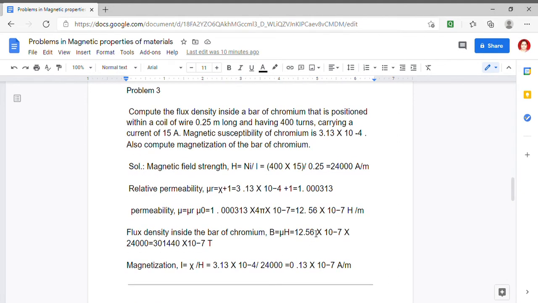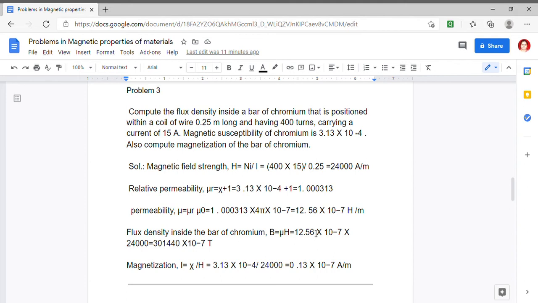Magnetization, we have to determine the value of I. In order to find it, we have the number of turns, the length of the wire, susceptibility and current. So using these parameters, first of all, I am finding the value of magnetic field strength.